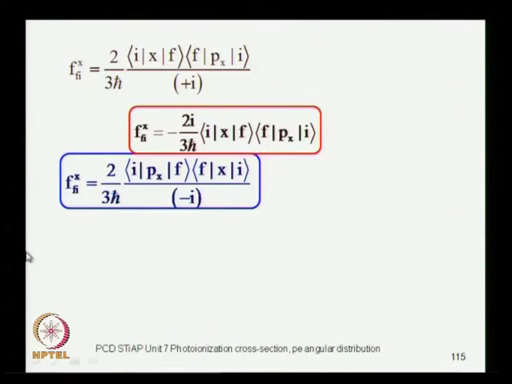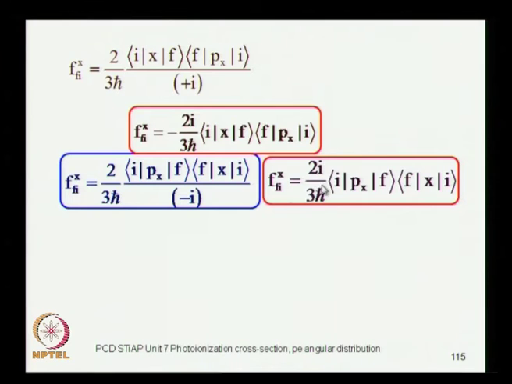So, I can write the oscillator strength as half of what is over here plus half of what is over here, because both are exactly the same. Before I do that, let me bring this minus i also to the top, and then I change the sign. So this is 2i over 3ħ, and now I can write the oscillator strength as half of this expression in this red loop and half of this expression in the red loop.